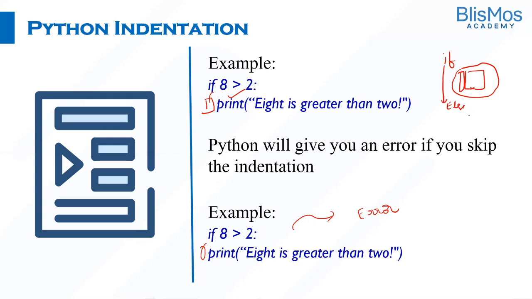Then again, statements under else should be indented at the same space as the statements under if. So as and when you write a program, you should be cognizant of what the blocks and statements are, and go on providing the indentation based on that. As and when you start practicing Python, it is going to be intuitive for you.